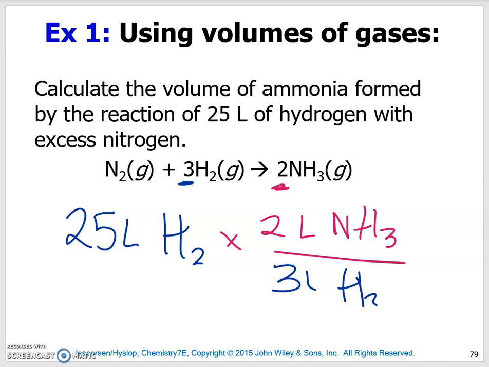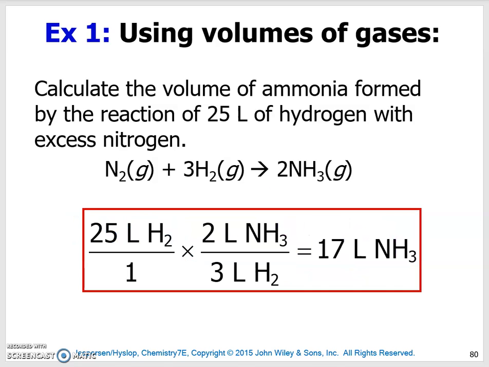So this is the stoichiometric ratio that comes from the reaction coefficients. So when we multiply 25 times 2 over 3, we get 17 liters of ammonia that are produced. There we go. And we're able to do this very simply because we're told we have excess nitrogen.